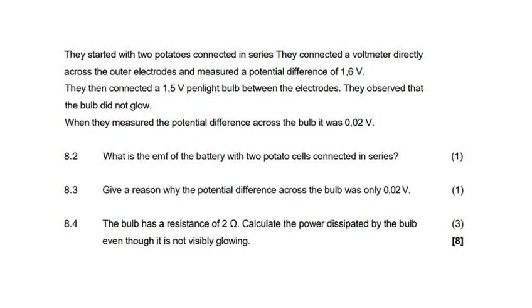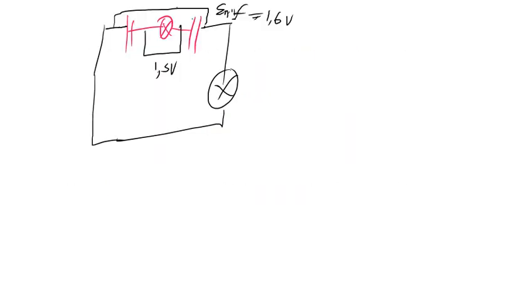When they measured the potential difference across the bulb, it was 0.02. So 0.02 is too small, guys. It's too small, so the light won't glow. This light requires 1.5 volts to switch on.